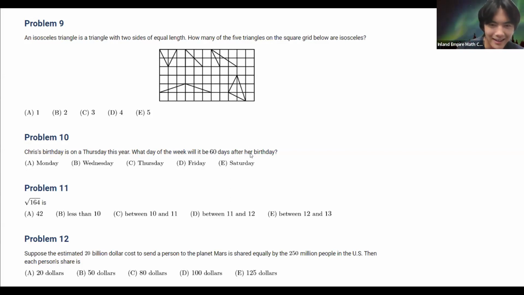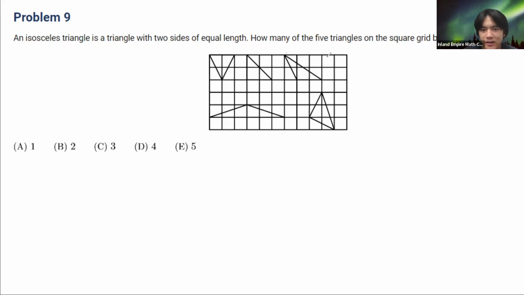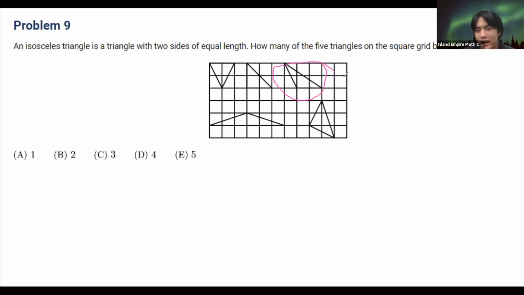All right, guys, let's go ahead and start talking. Okay, so problem 9 is a little tricky because there's actually an outlier here that's not isosceles, but it looks isosceles. And in fact, I'm just gonna reveal to you which one it is just to save time. This triangle here is not an isosceles triangle.